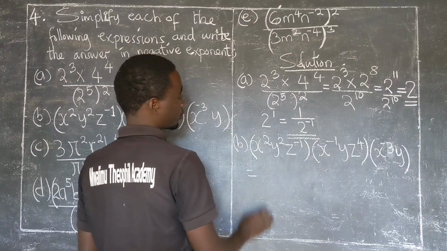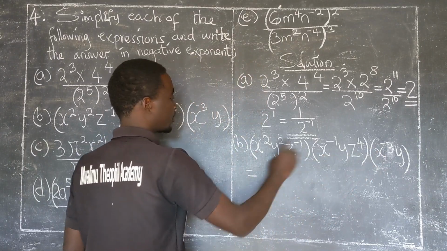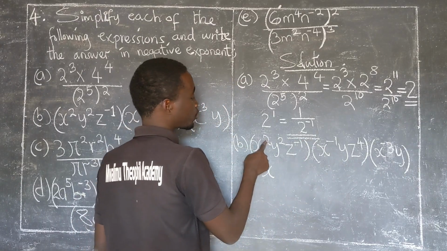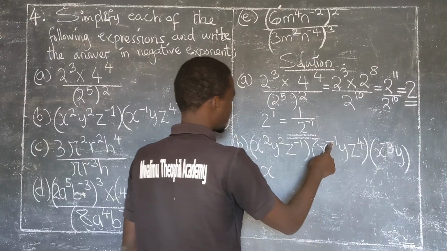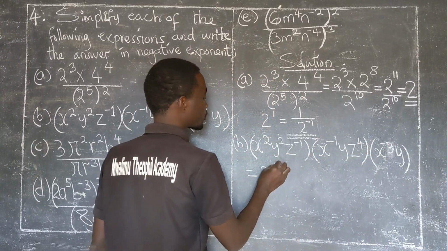Here, this will be equal to, here you have x, now combining x as it is multiplication. We are going to add the exponents. Here we have 2 plus negative 1, we get positive 1, plus negative 3, we get negative 2.